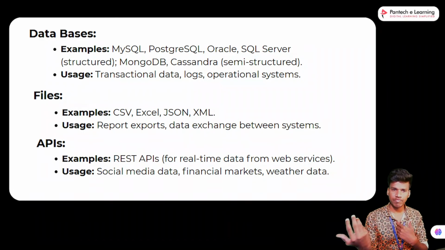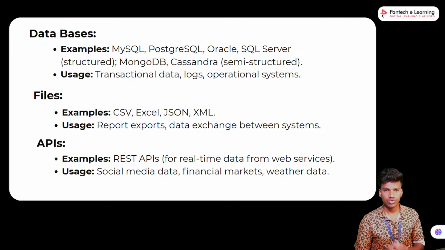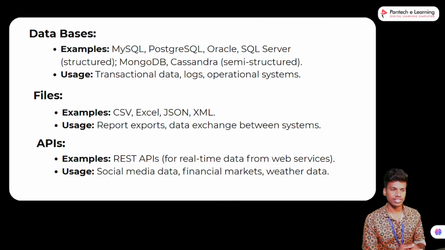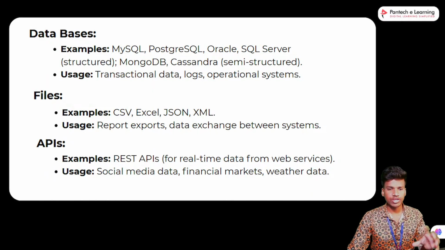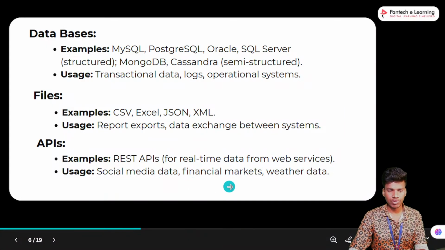So between us, WhatsApp is a mediator, like an API, to connect me and my friend. The connecting work is called an API. An API connects two different things. Okay. The usage is social media data, financial markets, and weather data. These are examples of usage for APIs.